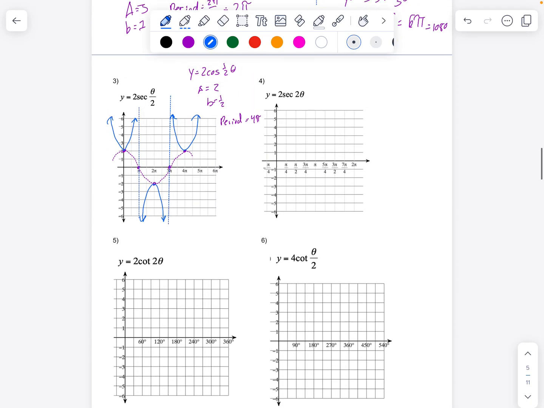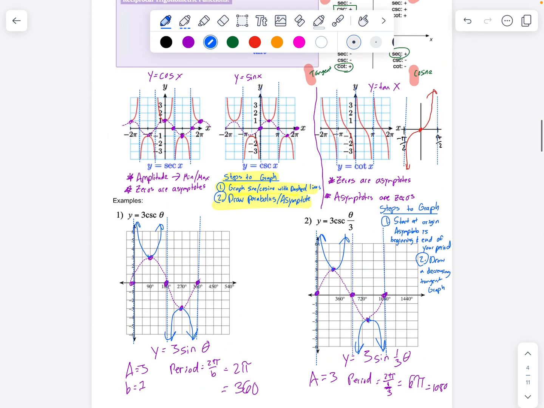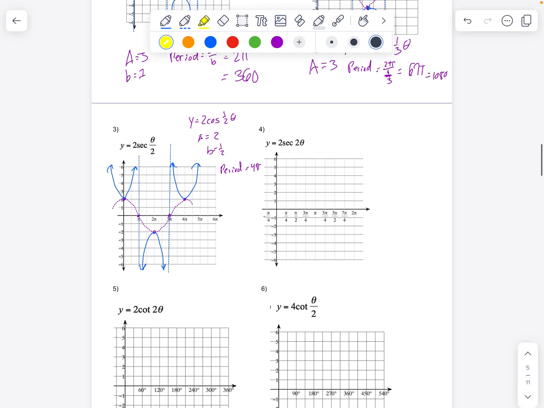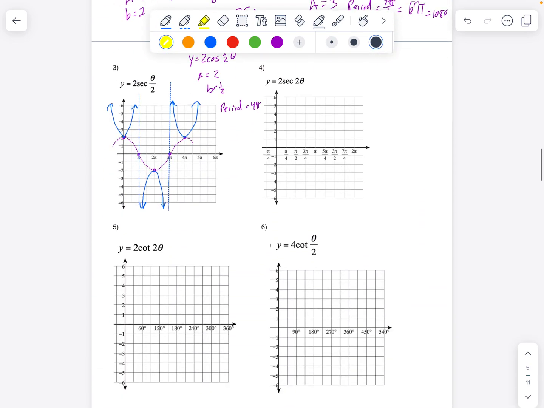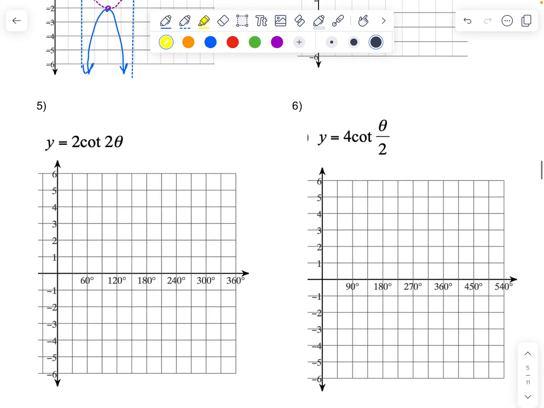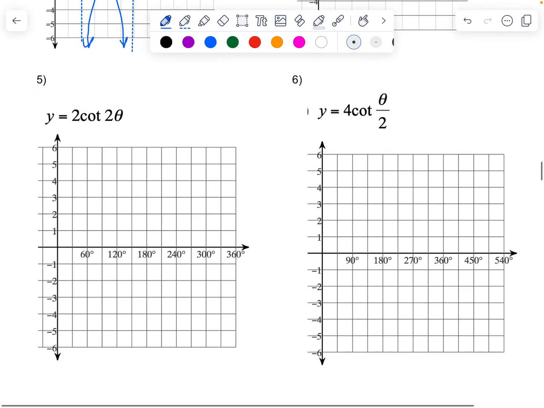All right, let's do these 2 examples. Feel free to flip back and forth to see your steps here. Okay, I know it's a little different, but we're just gonna get used to it. All right, number 5. So again, number 5, A and B are still the same. So let's look here.